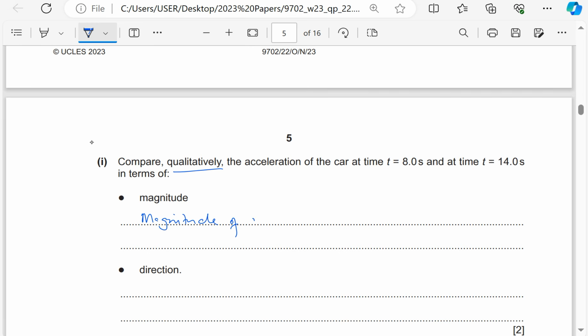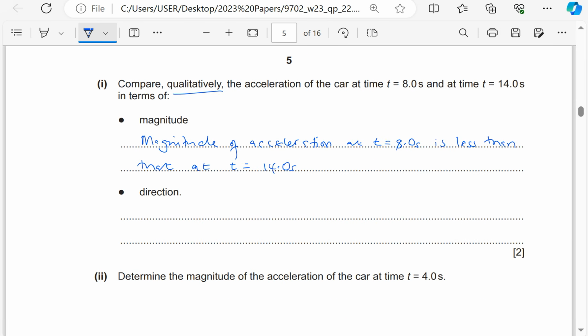The magnitude of acceleration at t equals 8.0 seconds is less than that at t equals 14.0 seconds. Then direction, of course, the direction is opposite. I would also say the magnitude of the acceleration at t equals 8 is half that at t equals 14.